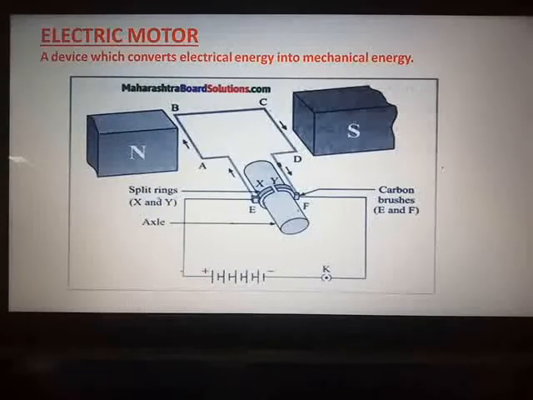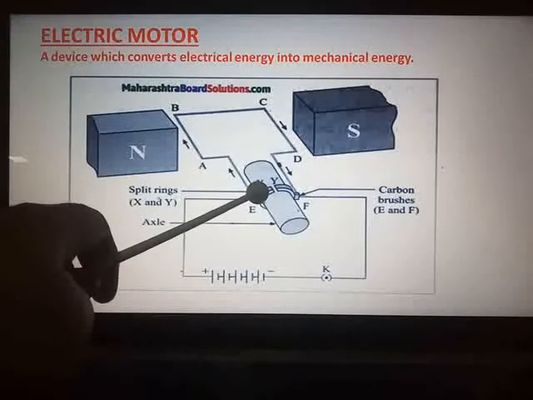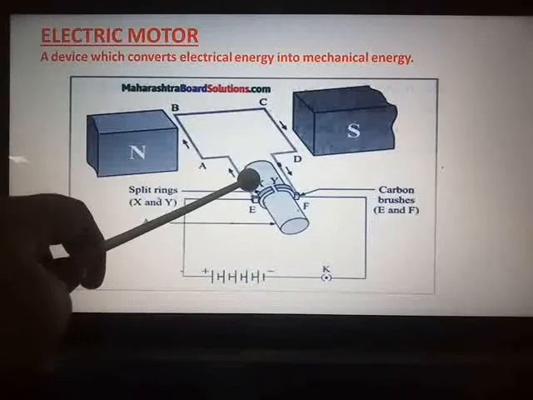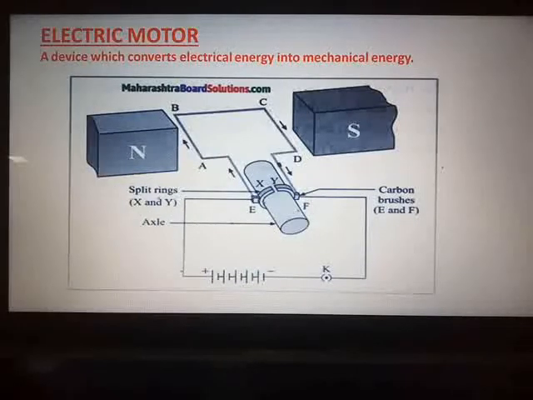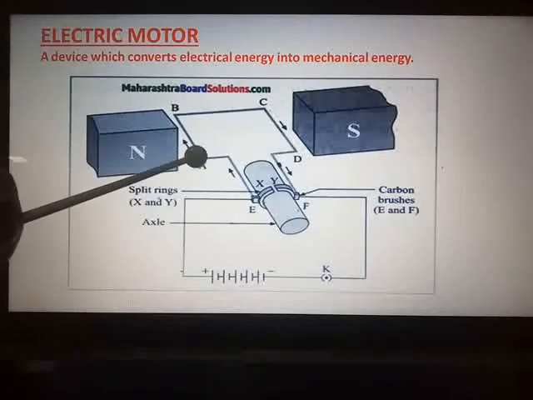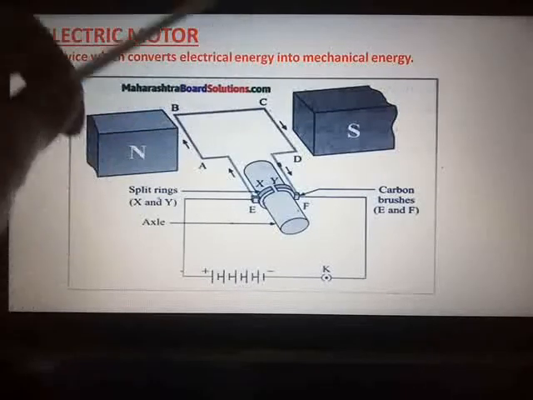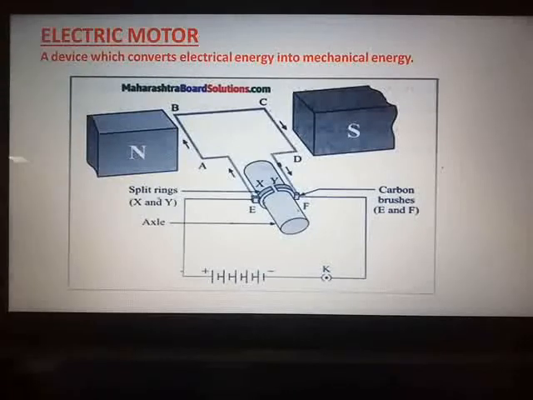So due to inertia, the coil does not stop and it goes on rotating until the commutator once again comes in contact with the brushes, that is E and F. Now again the current starts passing through the coil, and now this arm AB rotates through 90 degree, 180 degree, 270 degree and 360 degree, and the force acting on arm AB is in the downward direction and CD is in the upward direction.